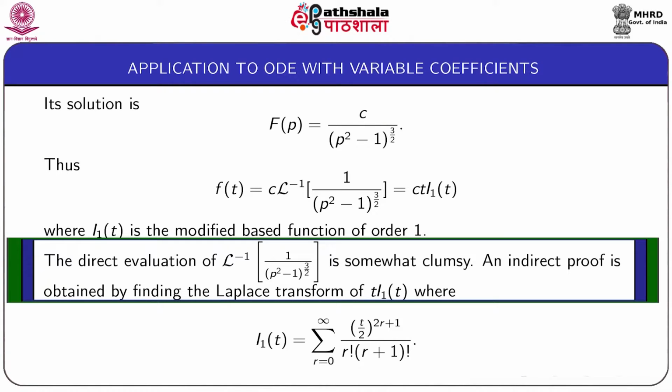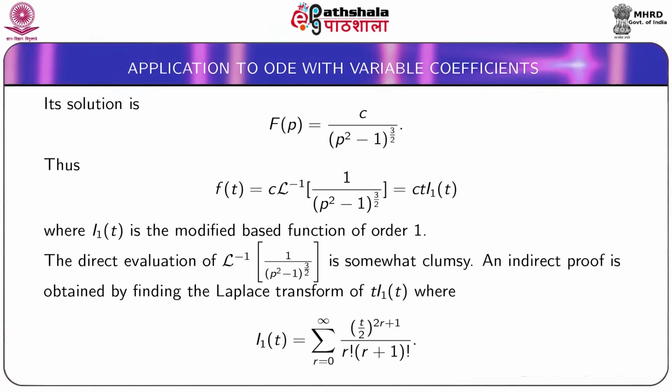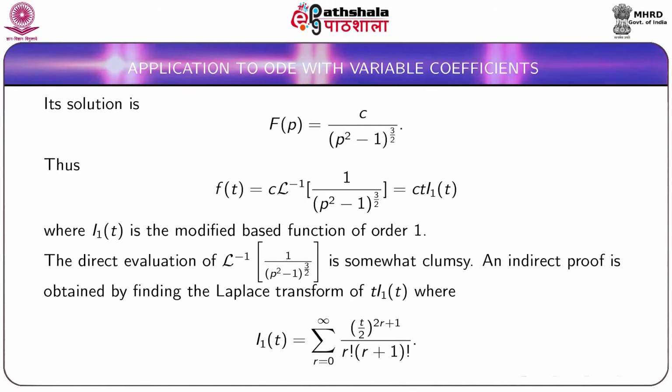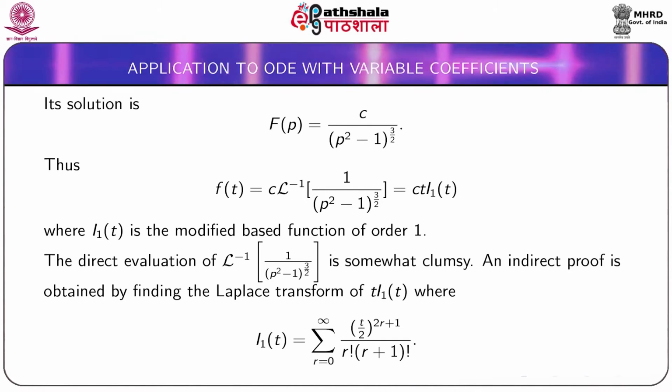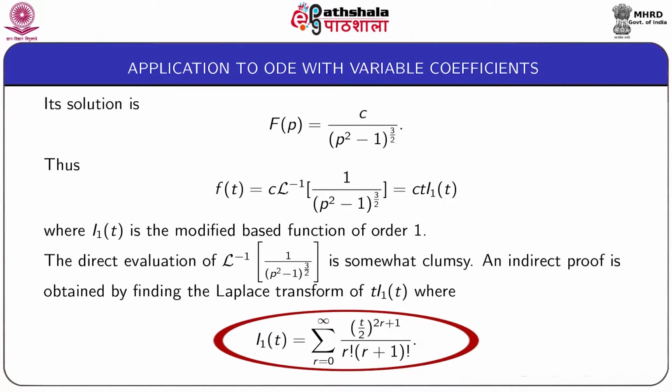Now the direct evaluation of the Laplace inverse of 1 by (p² minus 1) to the power 3/2 is somewhat clumsy. An indirect proof can be obtained by finding the Laplace transform of t I1(t), where I1(t) is written in the summation form, series form, that is as given by the sum over r equal to 0 to infinity of (t/2) to the power 2r plus 1 divided by r! times (r plus 1)!.